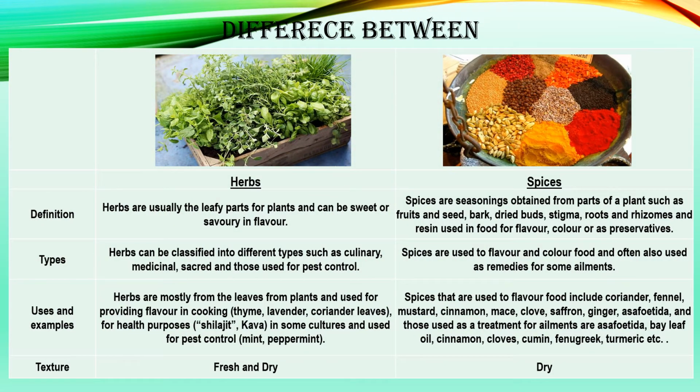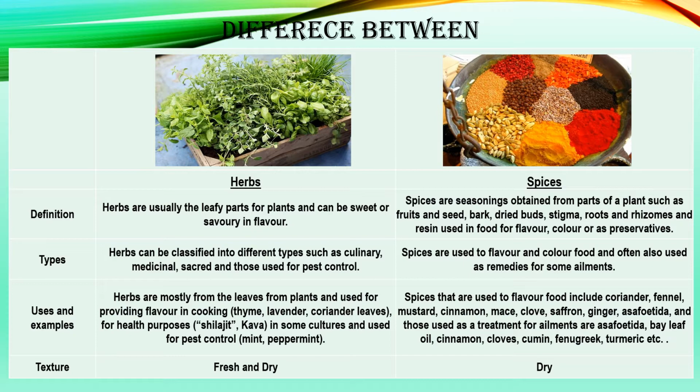Herbs are usually the leafy parts of plants and can be sweet or savory in flavor, whereas spices are seasonings obtained from parts of plants such as fruits, seeds, bark, dried buds, stigma, roots, etc. Herbs can be classified into different types, such as culinary, medicinal, sacred, and those used for pest control, whereas spices are used to flavor and color food and are often also used as remedies for some ailments.